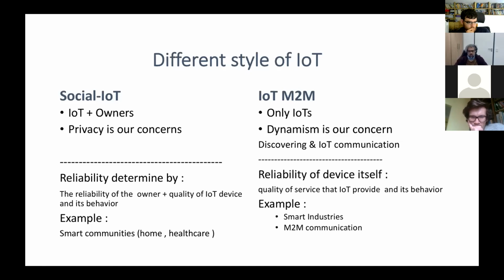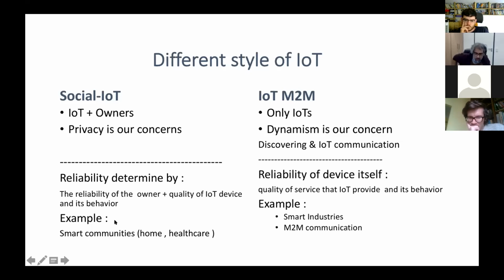In terms of reliability or trust, in the social IoT, we should consider both the owner's credibility and the quality of the IoT devices, whether the service is good or not, and its behavior. But in machine to machine, we focus only on the device itself.